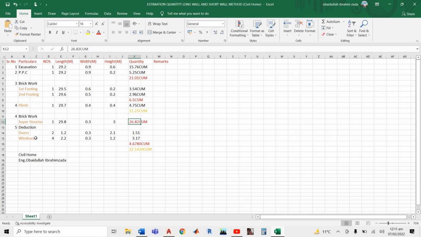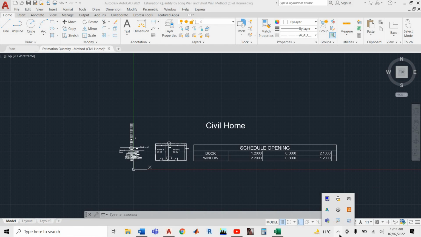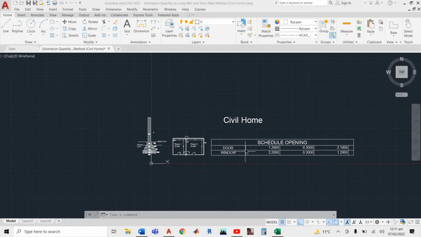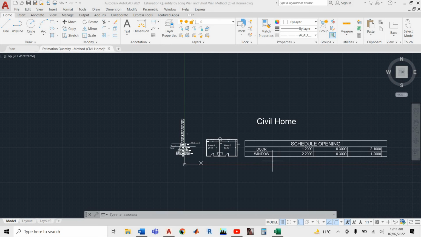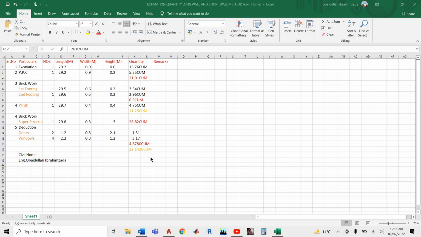Then we have to find deductions for doors. In doors, you know, if you see in here we have 2 doors and 4 windows. In here we have dimensions. We don't need to find separate length for door and window, because we already have the length of these things. So just multiply these 3 with number of doors 2 and multiply these 3 with number of windows 4, like this.